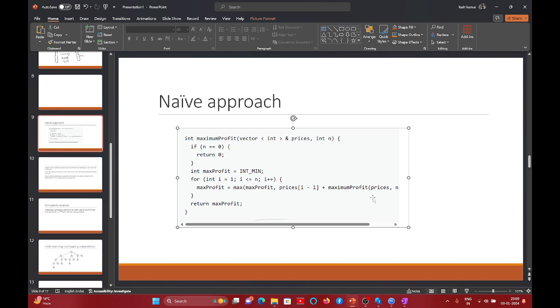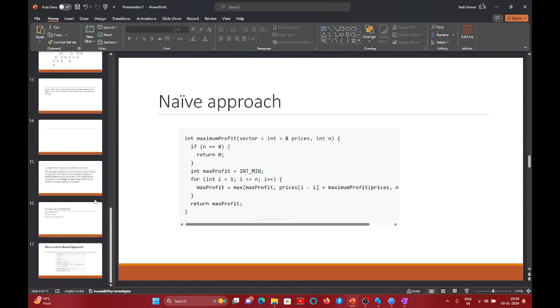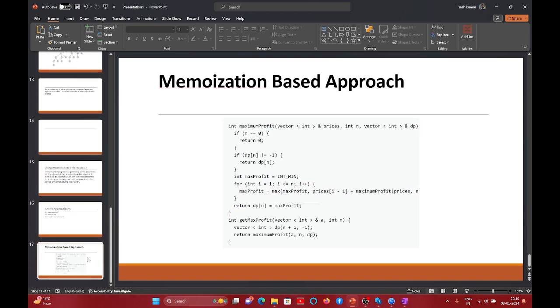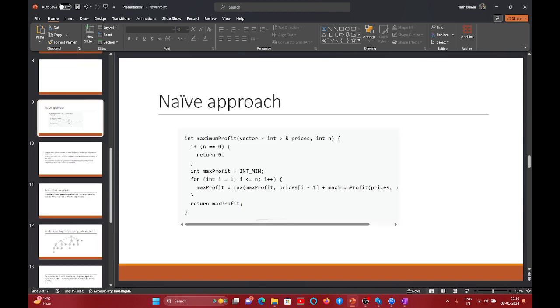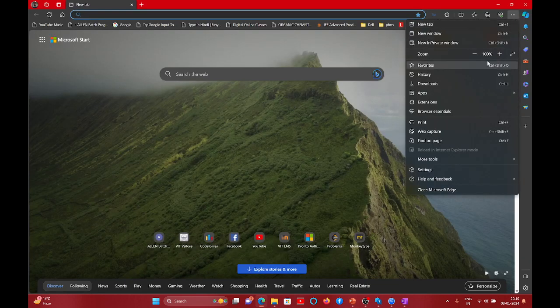And what our code does is it returns the maximum profit. I think there might be a little bit of an error in this code. Let me just check from its source.